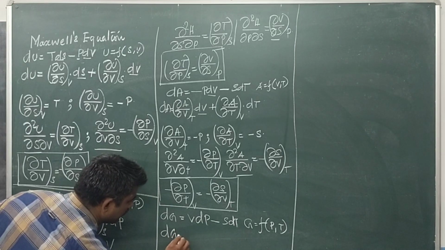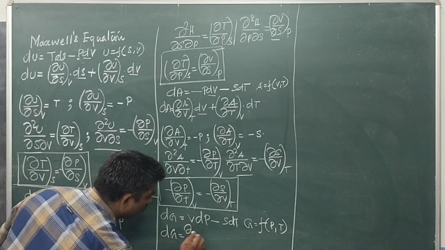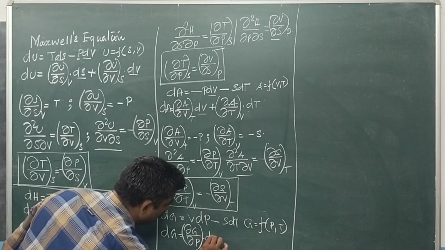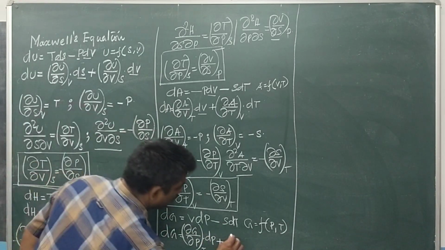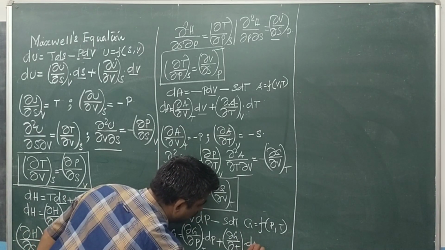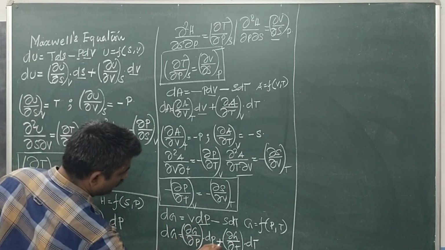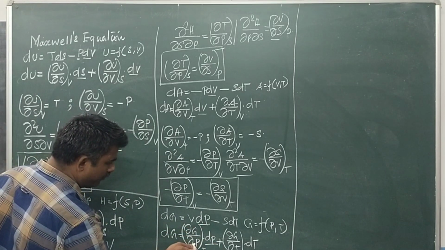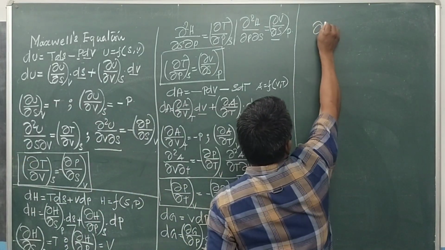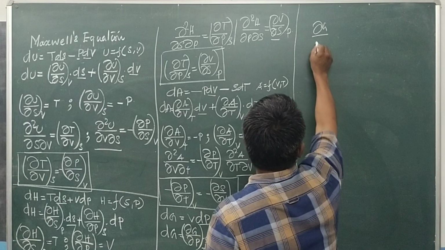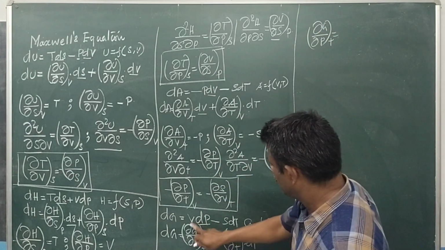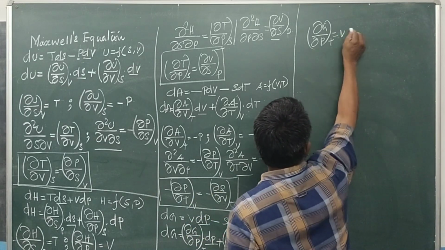So the total differentiation dG is equal to dou G divided by dou P at constant temperature into dP plus dou G divided by dou T at constant pressure into dT. Hence, dou G by dou P at constant temperature is equal to V, volume.